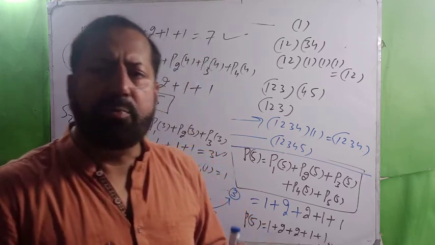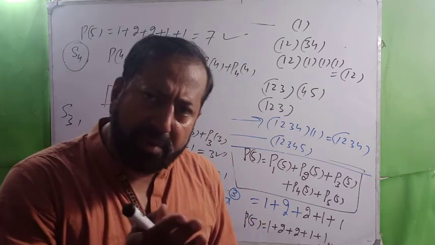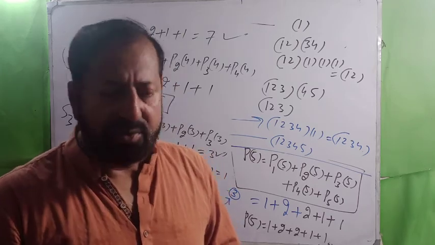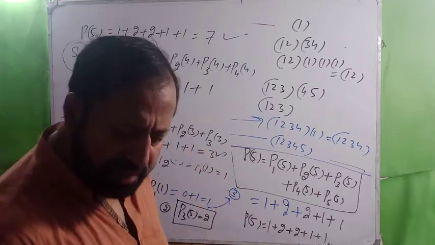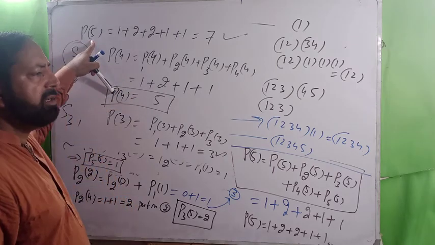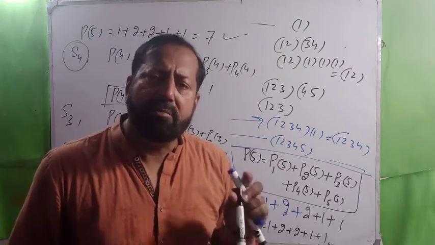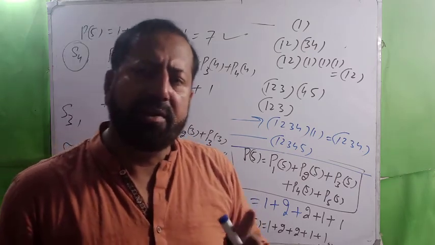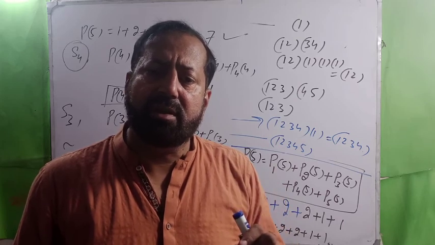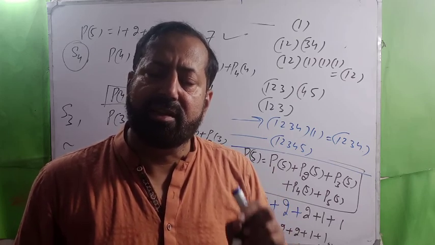So this is the computational technique to know the number of conjugacy classes in Sn. The number of conjugacy classes in Sn is simply Pn. You should just find Pn. If you can find Pn, the number of unordered partitions of an integer n, that is in fact the number of conjugacy classes in Sn.